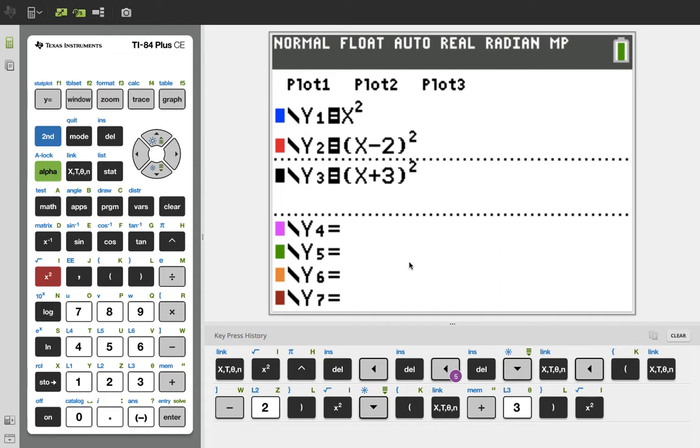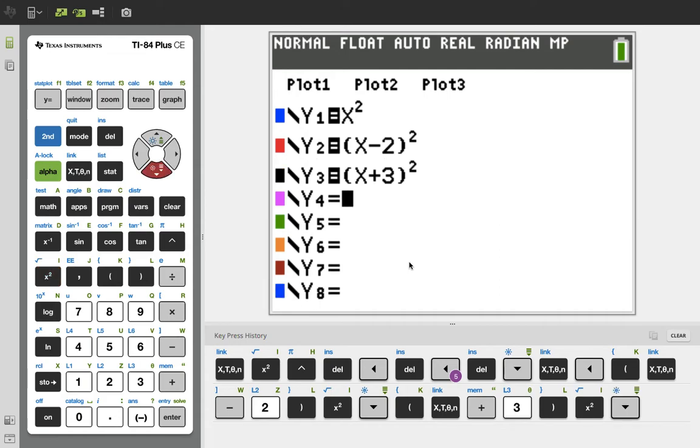And so, again, just like we did on the last one, I challenge you to predict what's going to happen with these graphs. And before you actually go to the graph on your calculator, think about what you think is going to happen when we subtract 2 inside the function and when we add 3 inside the function. So remember, the blue is going to be my original parent function graph, which we should know the shape of.